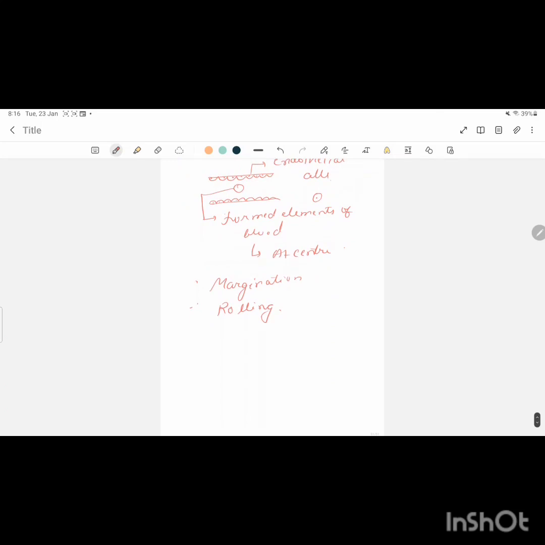Rolling is basically the transient attachment and detachment of neutrophil and endothelial cells.